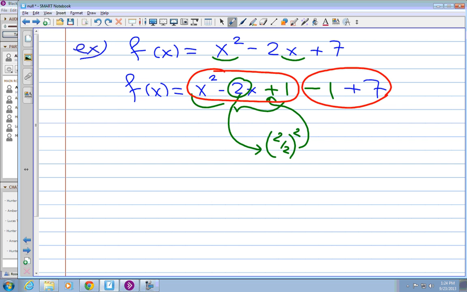Okay? So that 1 right here is a part of these first 3 terms, which is a perfect square. But I cannot just add 1, because it changes the problem. So to keep it the same, I'm subtracting 1 at the same time.